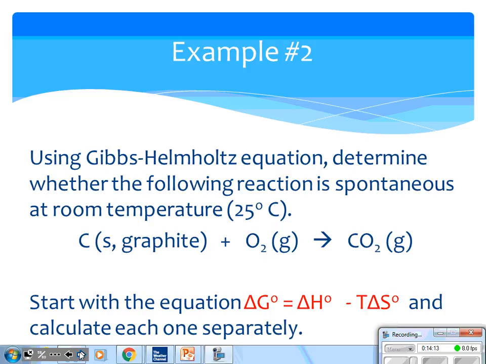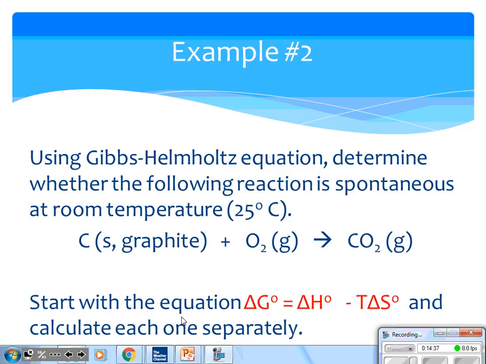Carbon is solid graphite plus oxygen gas yields carbon dioxide gas. Now, the thing about this is the question specifies that I need to use the Gibbs-Helmholtz equation, which is this equation right here. Okay? This equation right here.